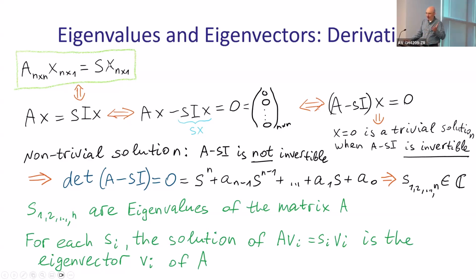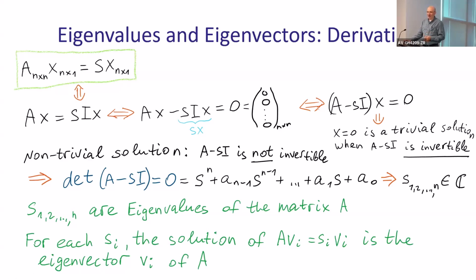Now it becomes a particular number, whatever it is. Could be a complex number, but still a number. And you just solve the system of equations to find x. And you will always have an infinite number of solutions. You have to, because you have an infinite number of eigenvectors corresponding to that particular eigenvalue. So if you don't get an infinite number of solutions, you did something wrong in your computations, right?